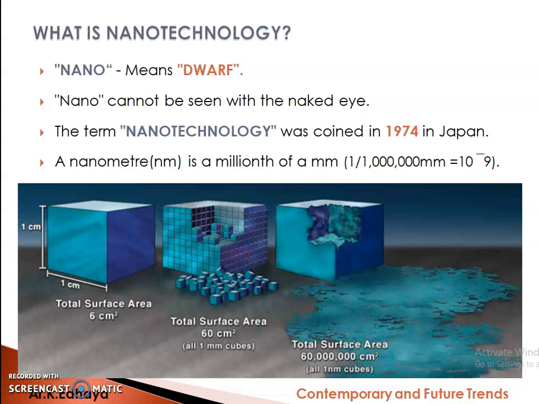Then we get 60 square centimeters of total surface area which can be covered using the same amount of application. What happens if you break it down again into 1 nanometer cubes?